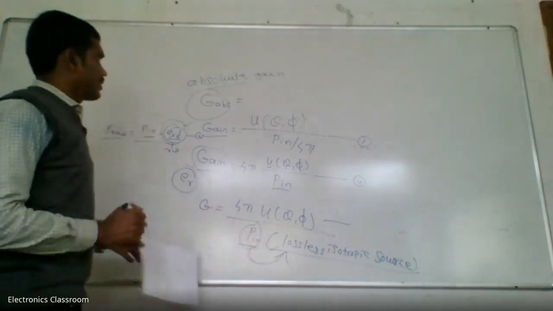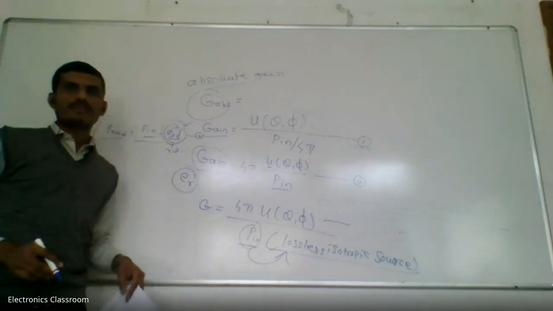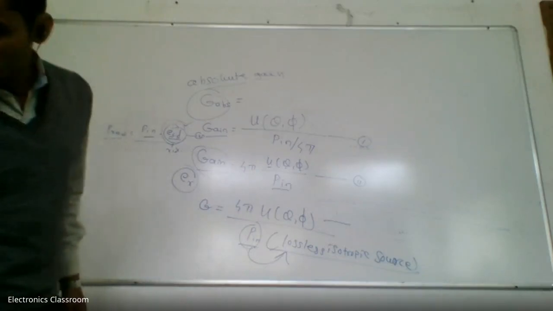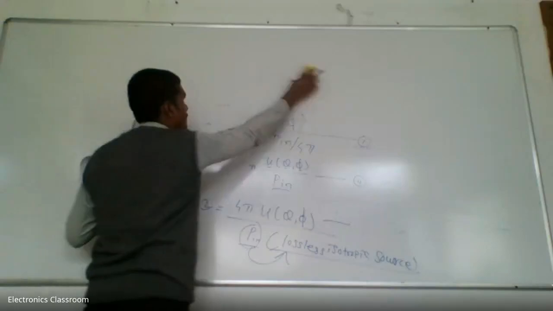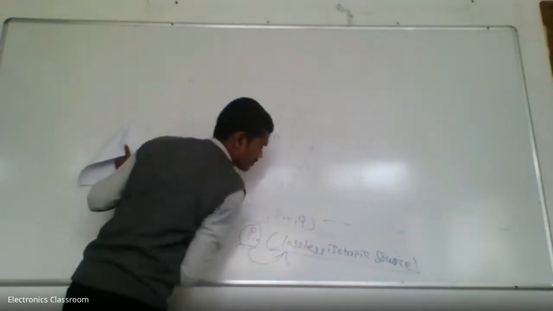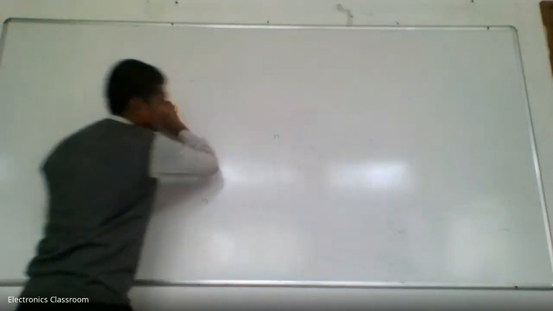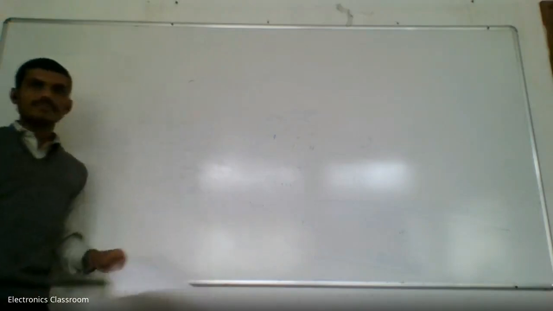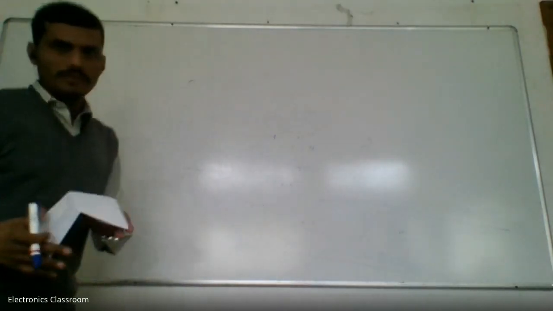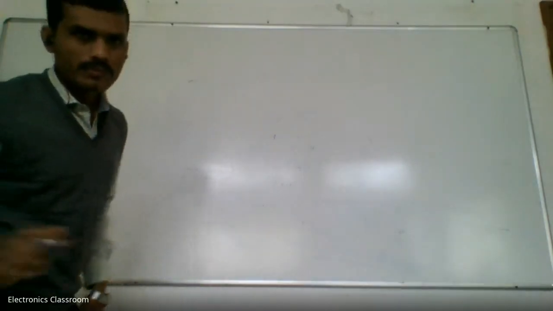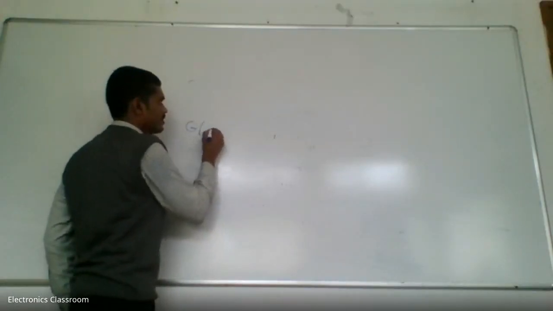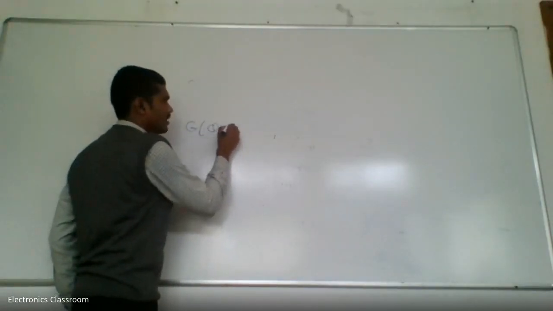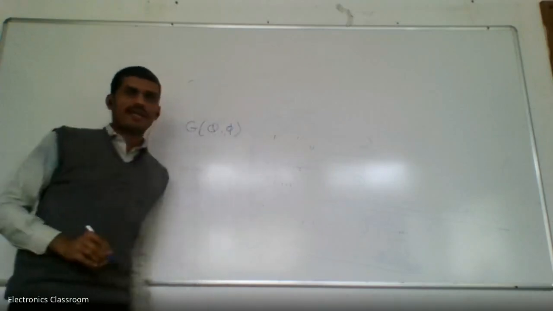Now, this absolute gain can be written using simple G. We can write this G in brackets theta comma phi.